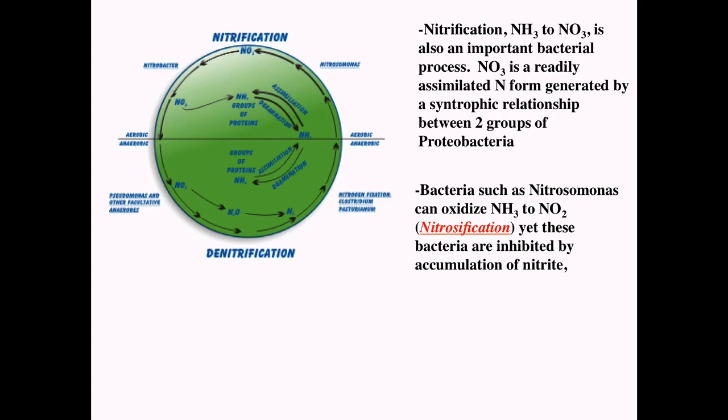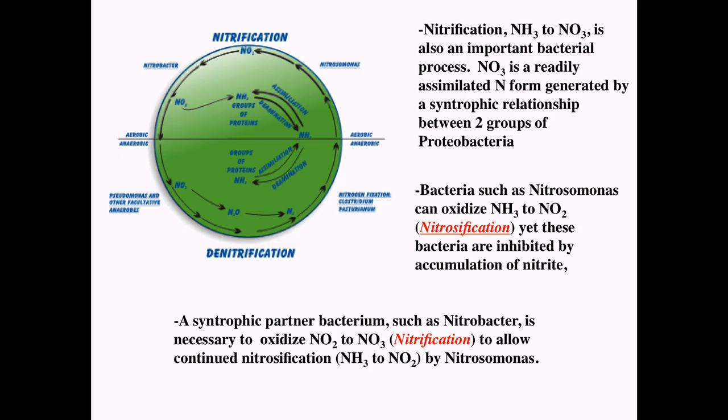So this whole semicircle on the top here, this nitrification, is another example of my favorite word in all of biology, syntrophy. You have one group of bacteria, such as the Nitrosomonas, which are capable of nitrosification, taking ammonia to nitrite. But then nitrite is actually toxic to the bacterium. It's an end product of that metabolism. So if it builds to too high a level, that bacterium will suffer. It won't be able to oxidize ammonia any longer.